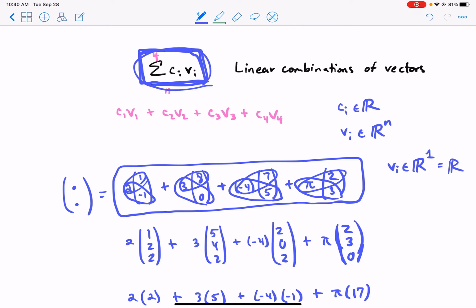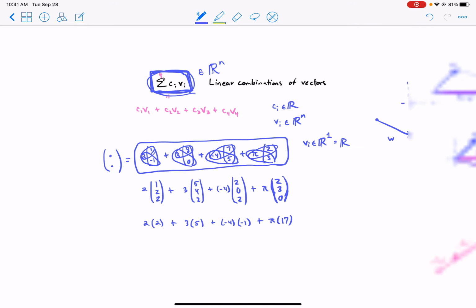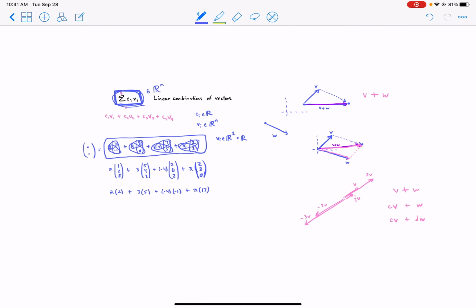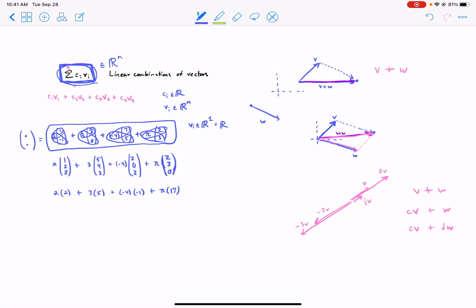And so this thing, at the end of the day, is a vector of the appropriate size. Vectors are nice because we can only add them and scale them. And so this is all we can do, just do those two things a bunch of times. But this idea is used everywhere in science.